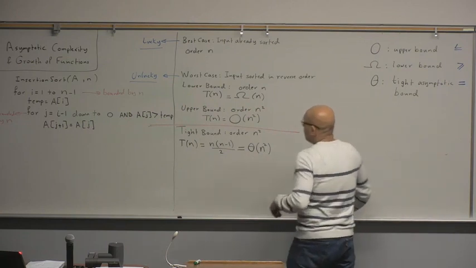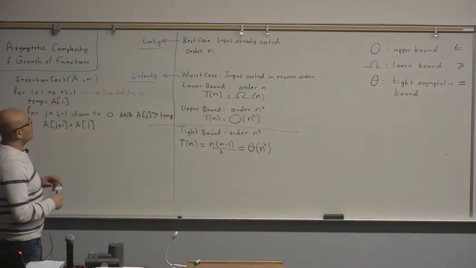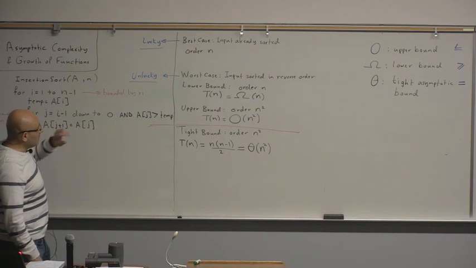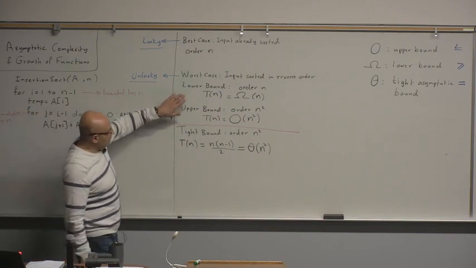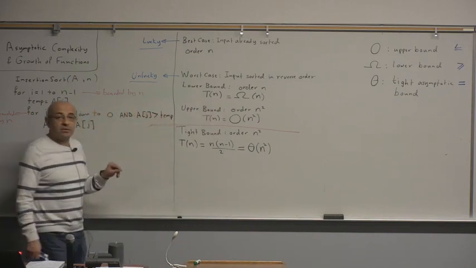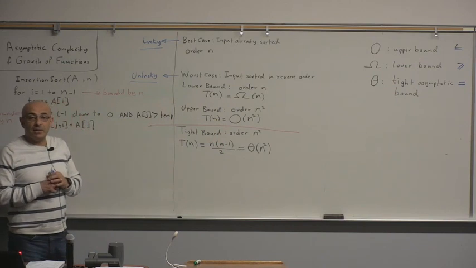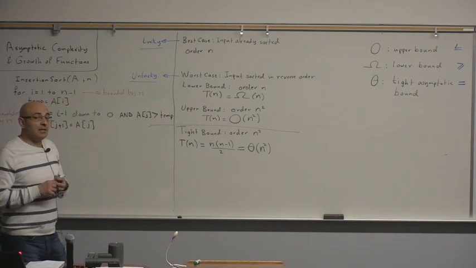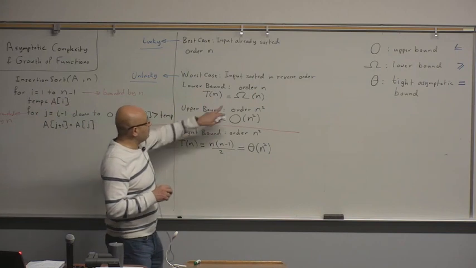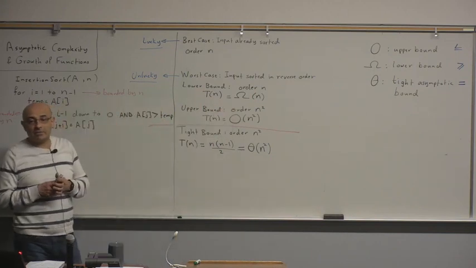Now, I would like to emphasize something here. Note that we are using big omega, big O and big theta to describe the worst case running time. One common mistake is to think of omega as the best case running time of the algorithm.